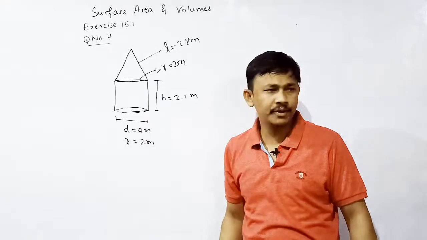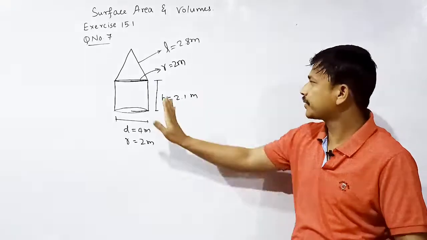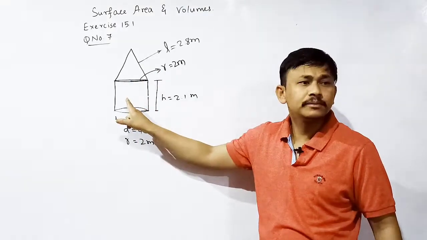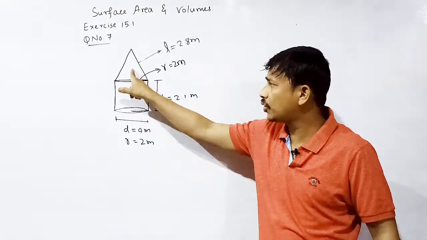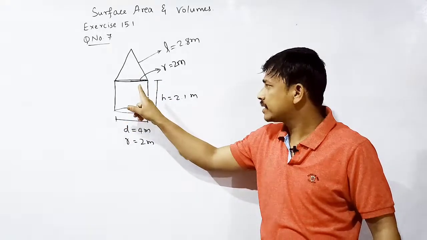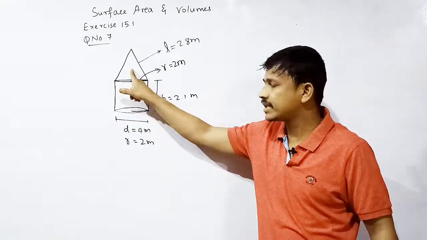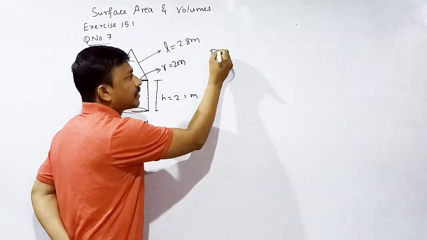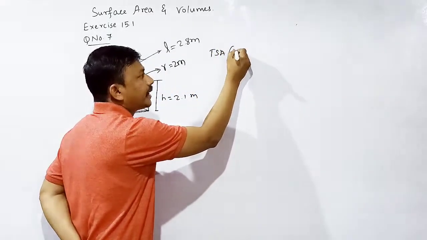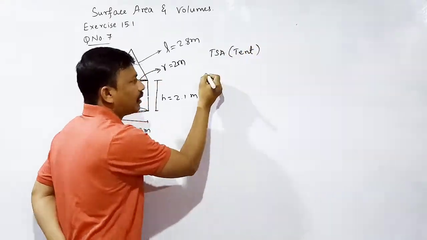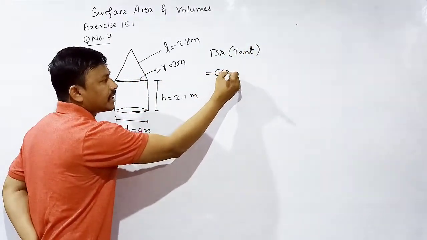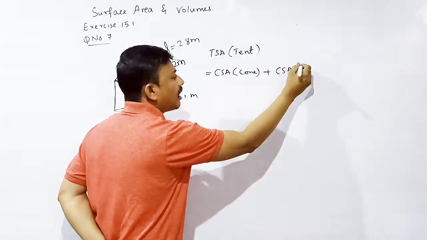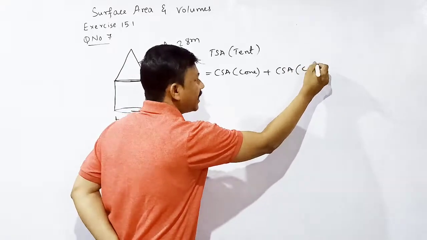First of all, we need to find out the area. Since we are filling the upper part of cylinder and cone, we need to add CSA of cylinder plus CSA of cone. The total surface area of the tent is equal to the curved surface area of cone plus the curved surface area of cylinder.